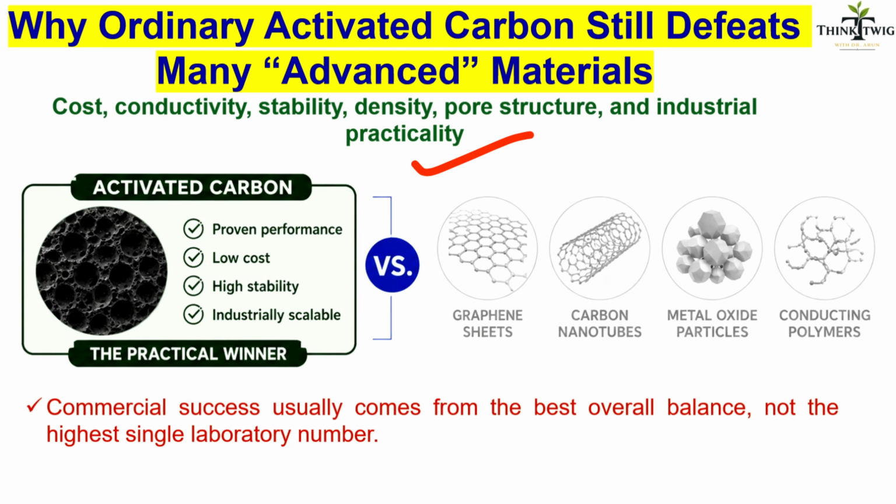And finally, the cost and large scale production must make sense. So, commercial success usually does not come from the material having the highest value in one test. It comes from the material giving a good balance across many requirements.